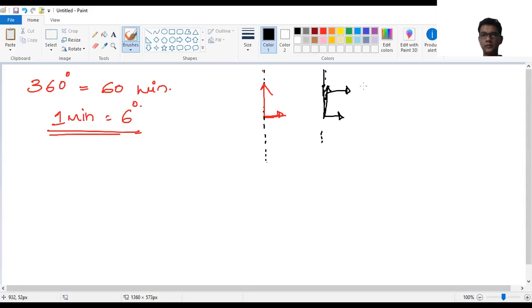That angle is nothing but 6 degrees, because every minute the minute hand moves, it moves 6 degrees. So if the time is 3:02, then with respect to the vertical line, the minute hand would have moved 2 minutes. Every minute 6 degrees means 2 minutes, 12 degrees.